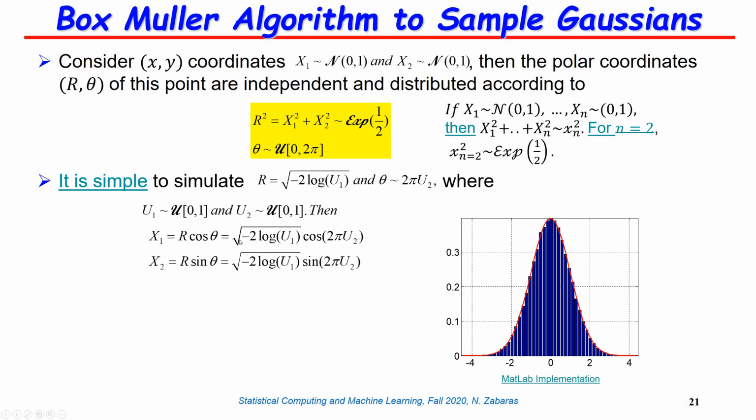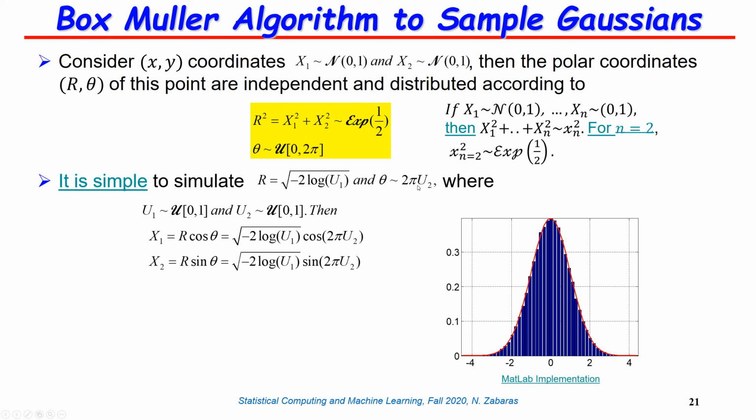You take the square root of that, and that's a sample of r. Then you need to define x1 and x2 as r cosine of theta and r sine of theta. And you take theta to be a uniform random variable from 0 to 2 pi.